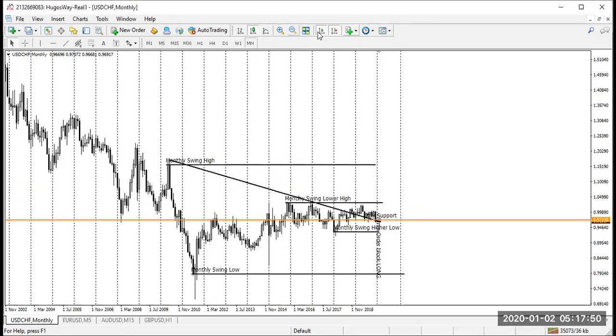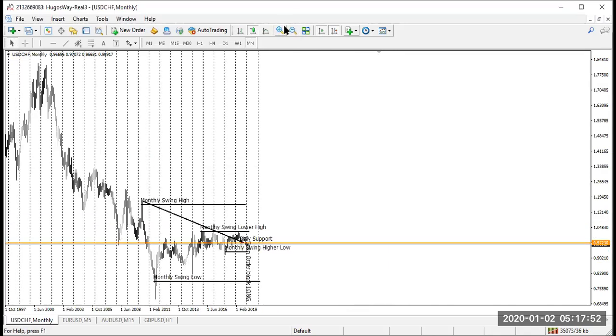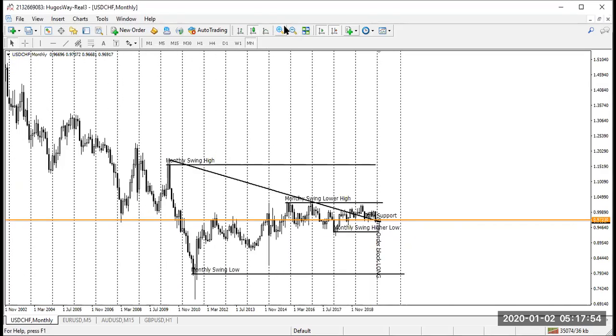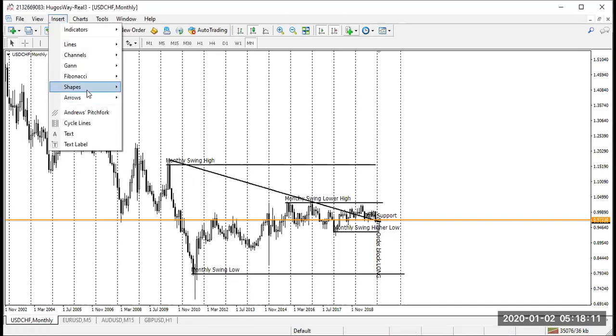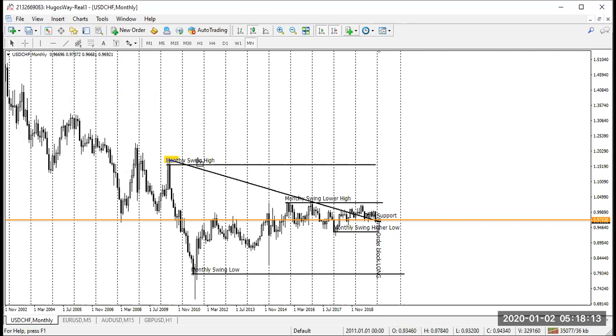Okay, so here on the monthly, what I did was I started 10 years back at this previous monthly swing high, and I did this monthly swing low. Block those off here. So we have a critical range that we have begun to show.